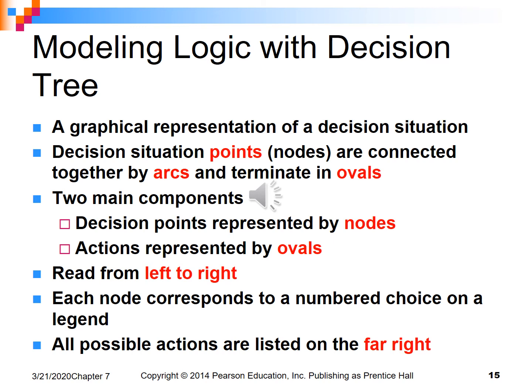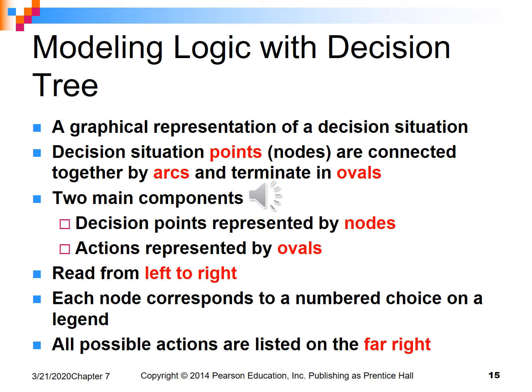Each branch of the tree represents the outcome of the test, and each leaf node represents a class or a process. It is a graphical representation of a decision situation. Decision points are nodes connected together by arcs and terminate in ovals, which are processes.